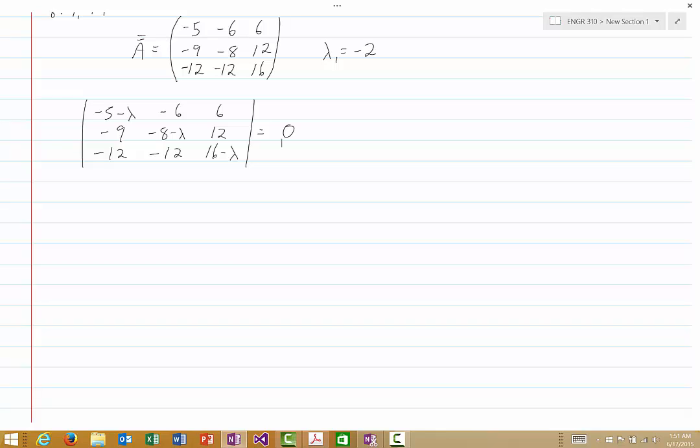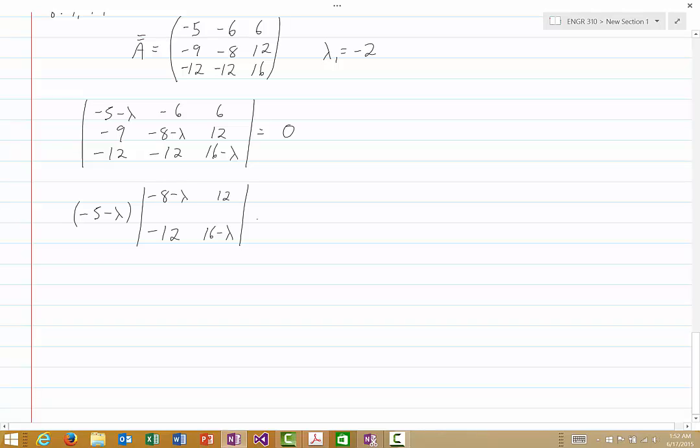since we don't have any zeros in the determinant, there's not any really preferred way to evaluate the determinant, so I'll just go across the first row. So we'll have -5 minus lambda times the determinant of -8 minus lambda, 12, -12, 16 minus lambda.